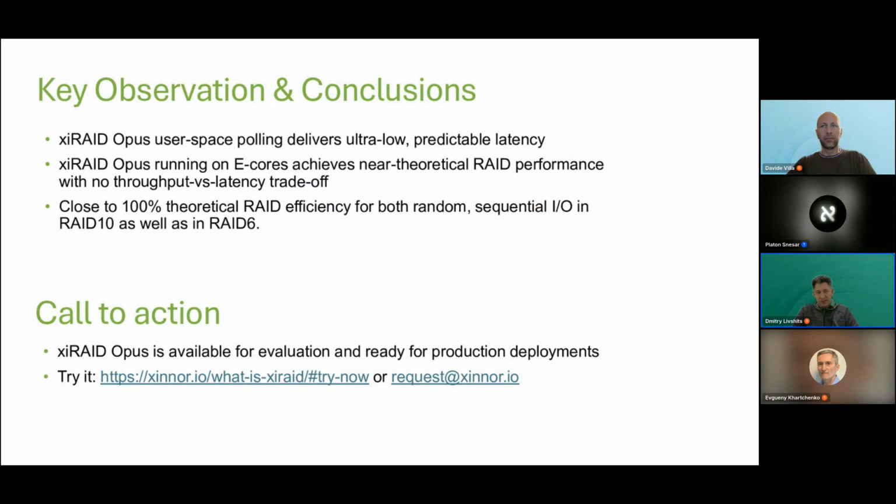Making conclusions, what are the lessons learned out of the joint validation we did with Intel? First of all, we proved that xiRAID Opus together with Intel E-cores provides very predictable latency coupled with extremely high performance, which is close to 100% theoretical RAID efficiency.